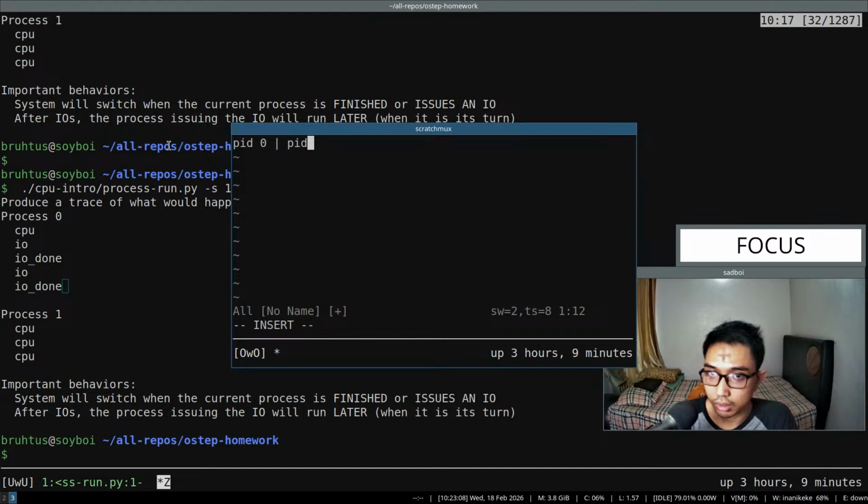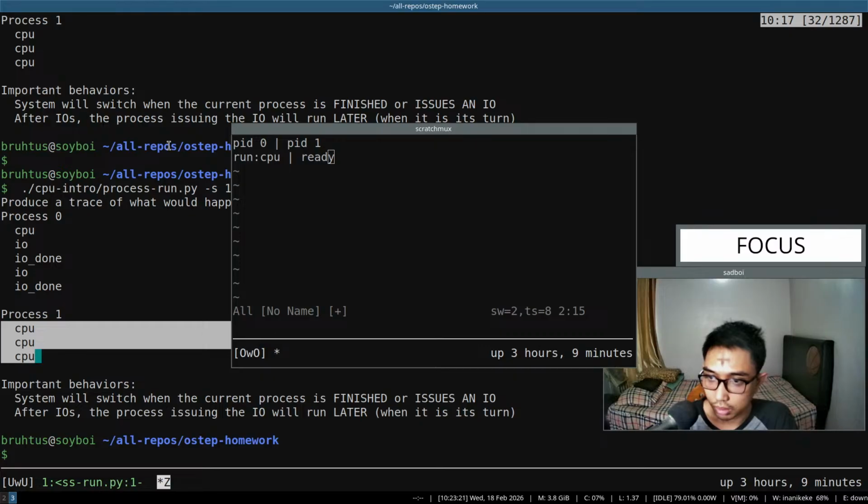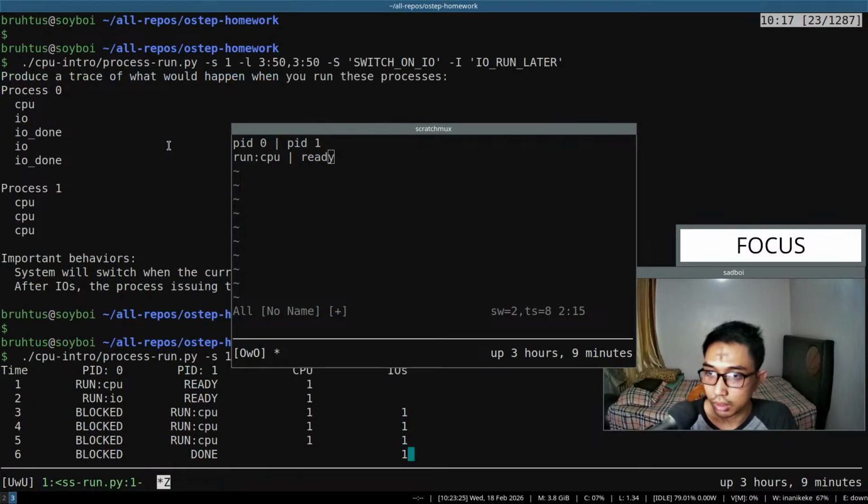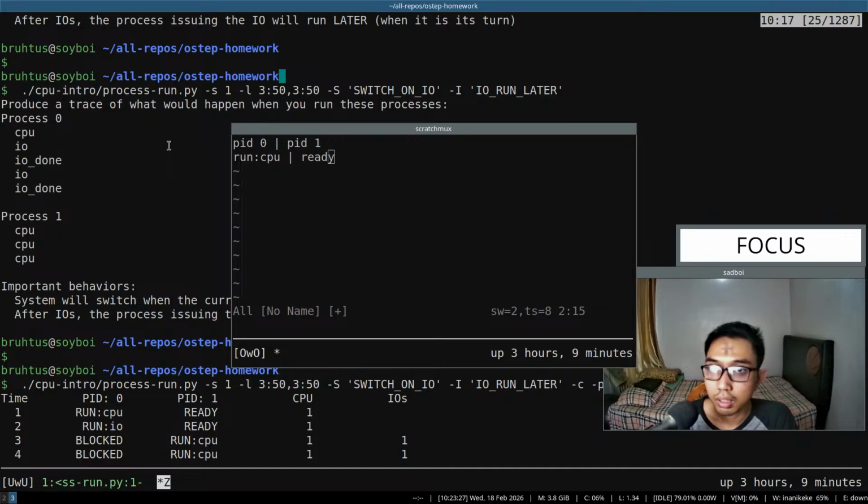D0, IT1. Okay, we run the CPU, right? Okay, this one, the CPU, and well, let me check this. CPU, output, okay.